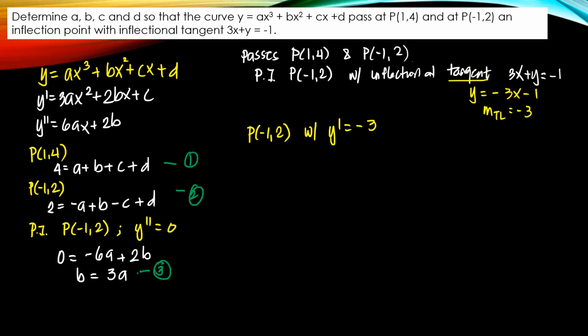Can you follow, guys, what I meant by this? It is a point, and then it is also an inflection. And then that point has an inflectional tangent of this. So, the y prime is -3 at -1, 2. So, 3a minus 2b plus c.